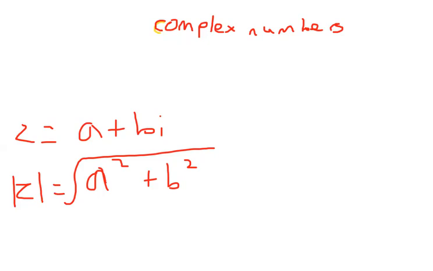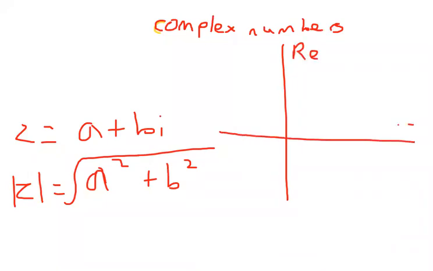And the argument is, well, a plus bi, if we plot that on the axes, we have real and imaginary. If we draw a line, a is the real part, and b is the imaginary part, so that goes there. And we have this angle, theta, and you can explain to me how we get theta.